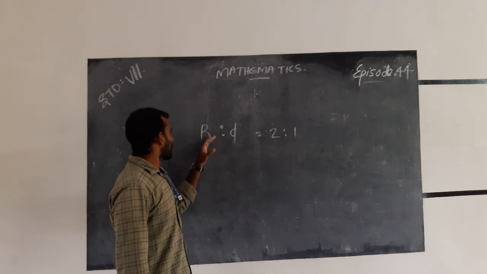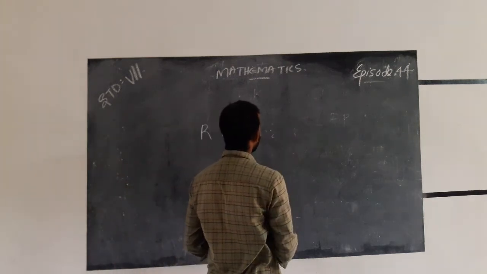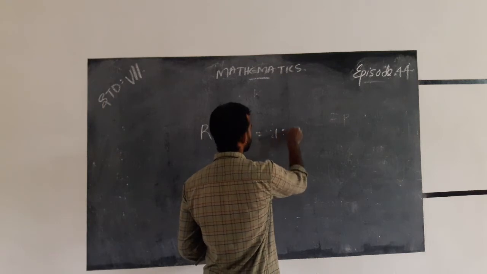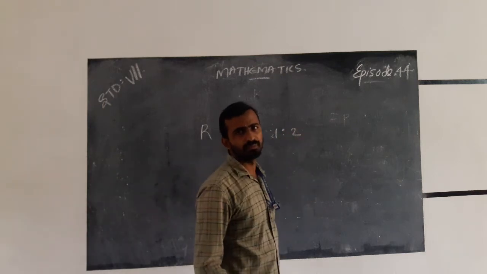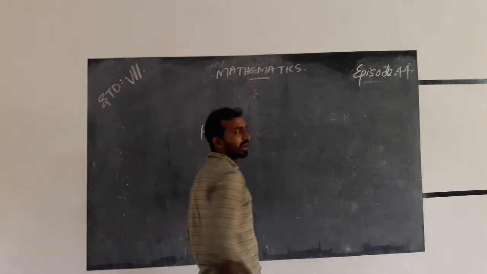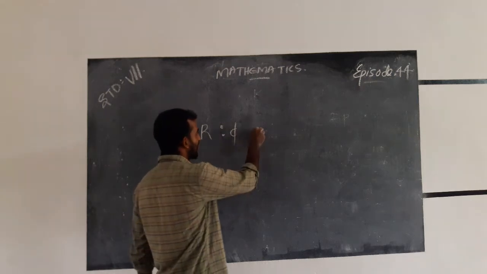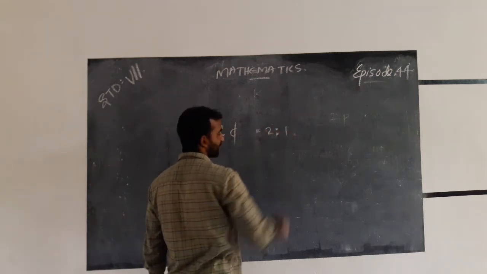If, when we write rice is to dal, we write 1:2, this is wrong. So we first write rice is to dal equal to 2:1.